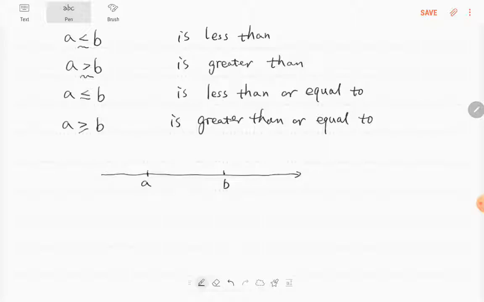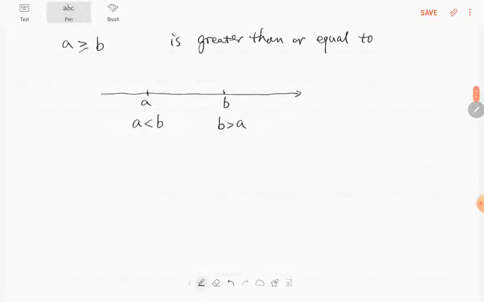And we check this one, we realize A is left of B, right? A is left of B or B is right of A. So we can say A is less than B. We can use this inequality symbol. Or B is right of A, we can say B is greater than A. Both are correct because they have the same meaning. Okay?